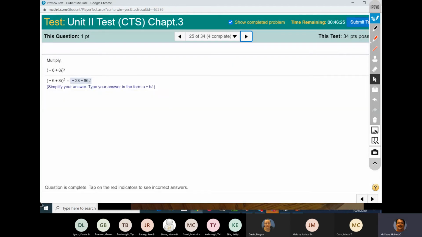Okay, this is shortcut number 2 or 1. -6 plus 8i quantity squared is equal to a squared plus 2ab plus b squared.